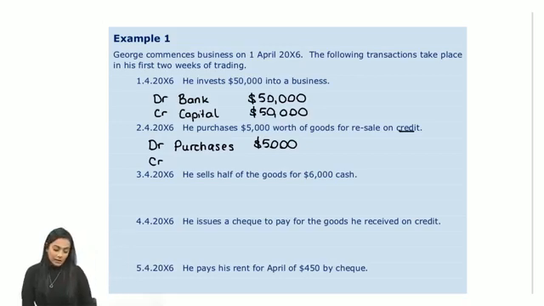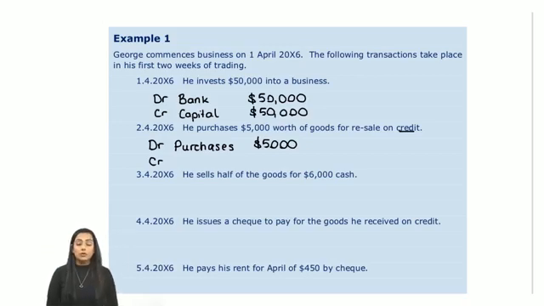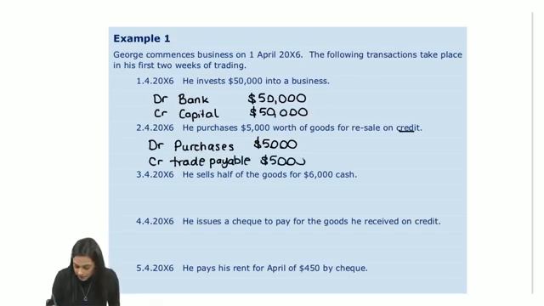And if you buy goods on credit, it means you owe your supplier some money. And if you owe your supplier money, this is known as a trade payable. So you'll have a trade payables account, 5,000. So what we're going to do on the next page is open up a T account for purchases and trade payables.